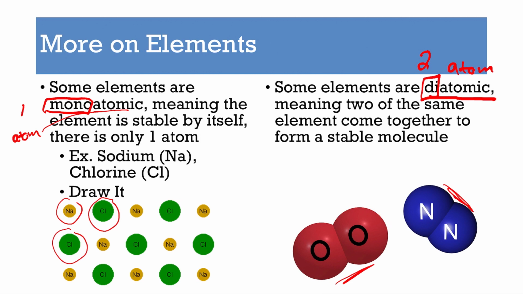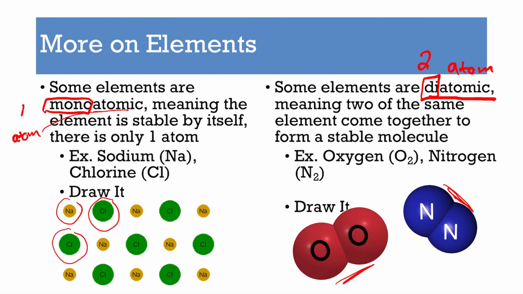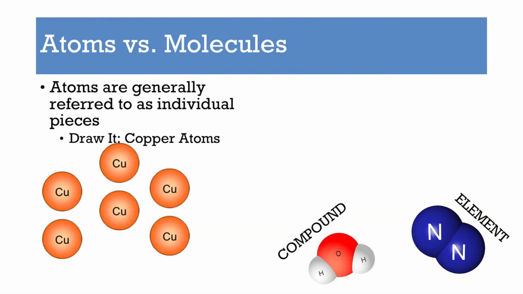Nitrogen needs to travel with its twin. So it's two of the same atom, so it's still an element. When we get into different things later on this year, we'll talk about why they're diatomic and which ones are. But for right now, diatomic means two of the same things coming together. Okay, so we have our examples, O2 and N2.